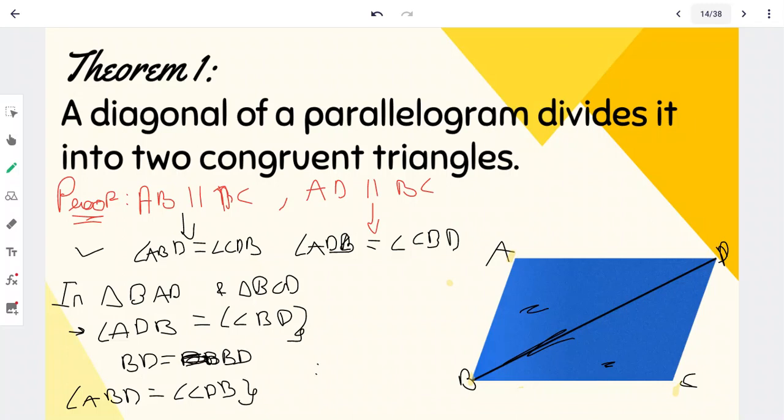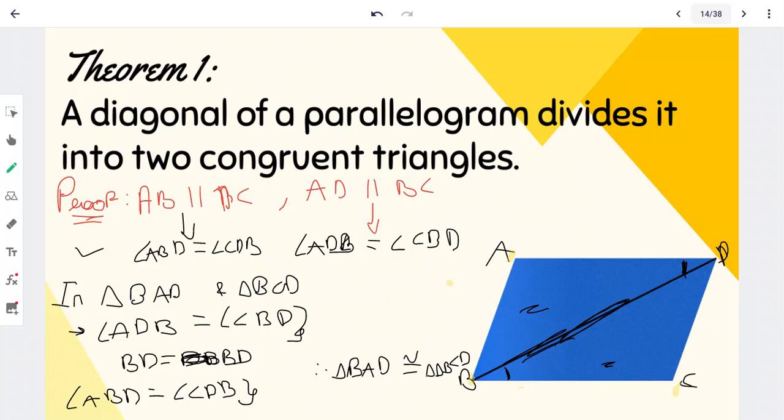So what can I say? I can say that these two are congruent. Therefore triangle BAD is congruent to triangle BCD. By which criteria? ADB is equal to CBD, correct?